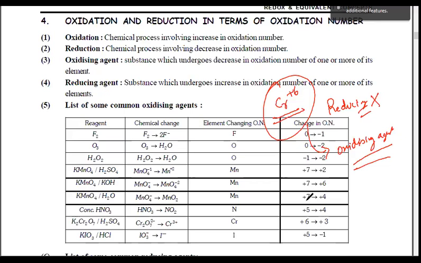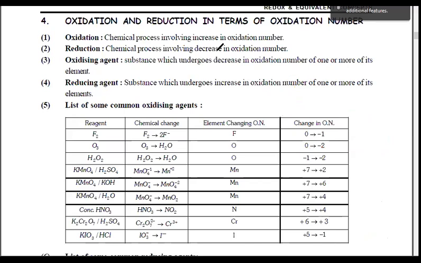So obviously, if the oxidation number is decreasing, it means reduction is happening, which means it is your oxidizing agent. Now just see this example. See all the examples: the oxidation number is always decreasing, so it is your oxidizing agent.